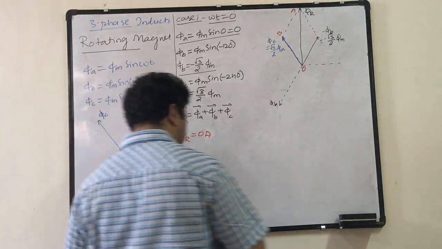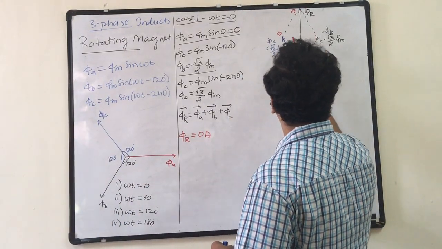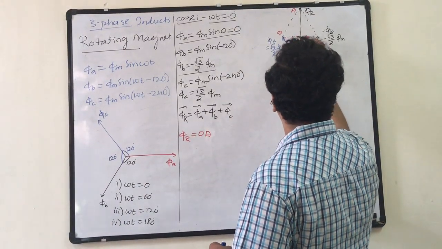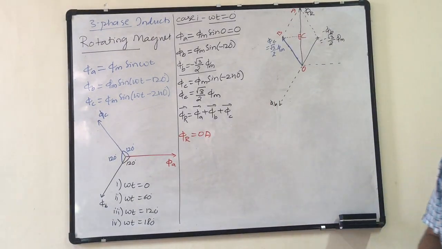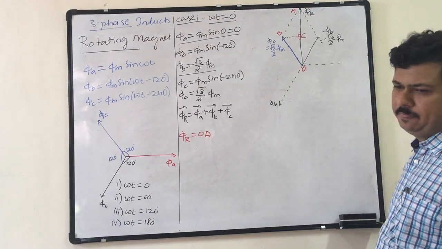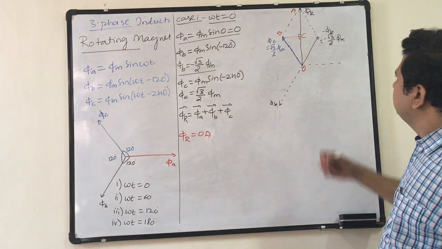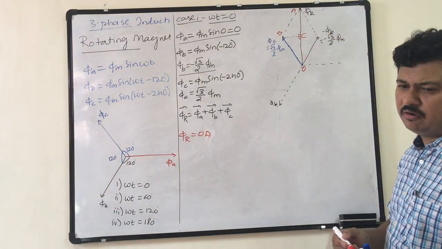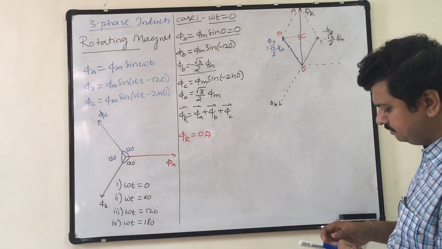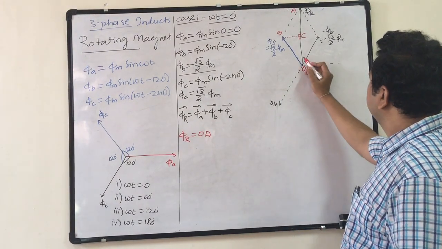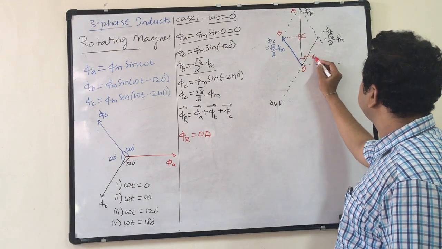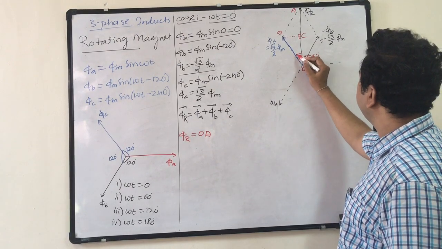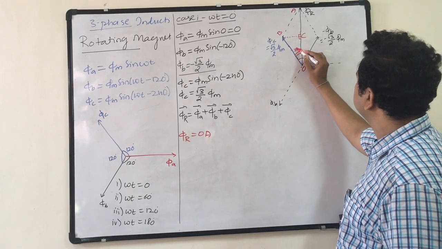How to get that? Give a small construction here. Let this be point C, which is exactly the midpoint of vector OA. Now what is this angle? This angle is 60 degrees, and this angle will be 30 degrees.